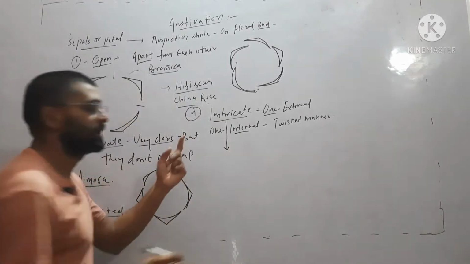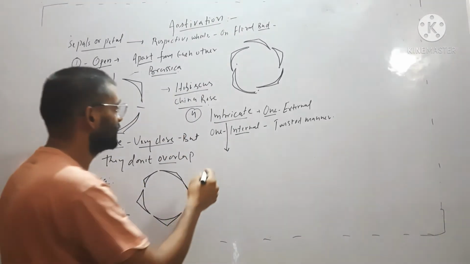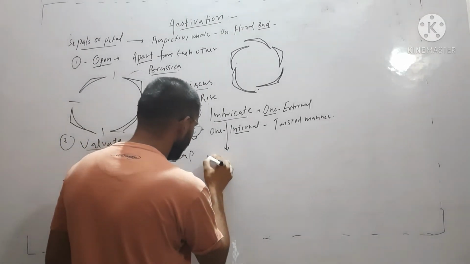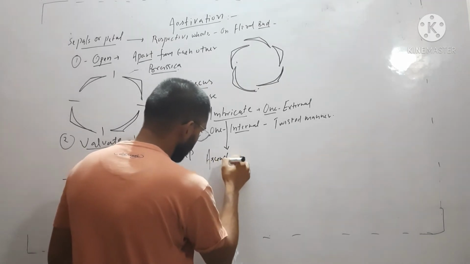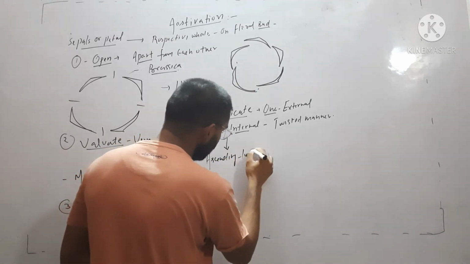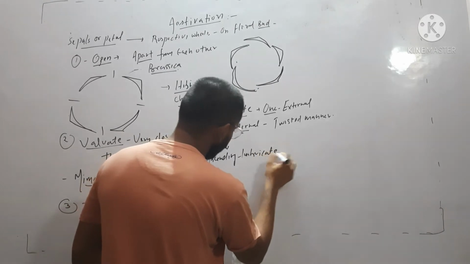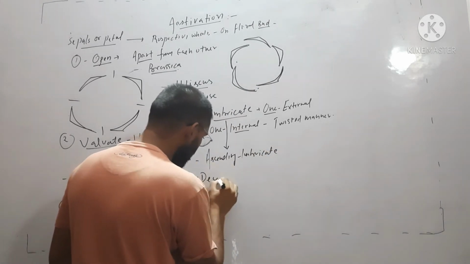Imbricate estivation further has two different types. One is ascending imbricate and descending imbricate.